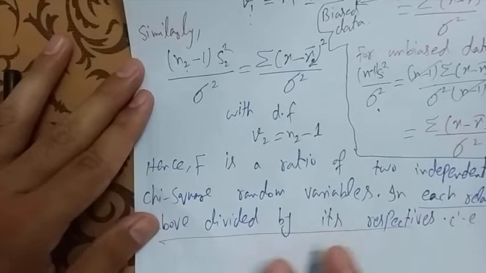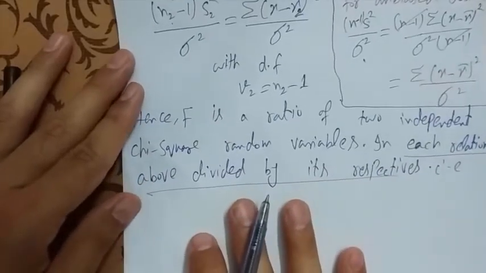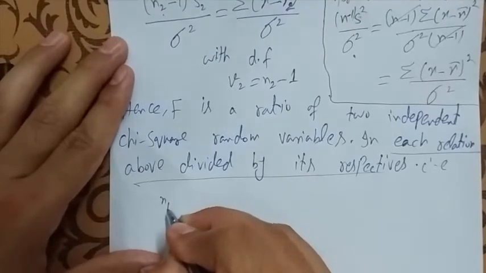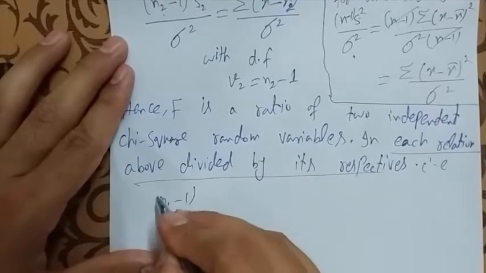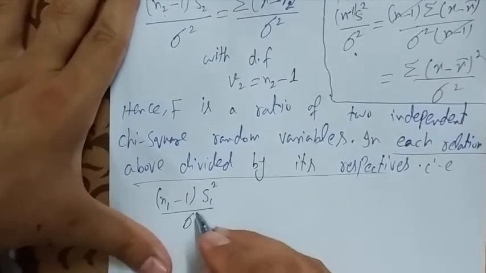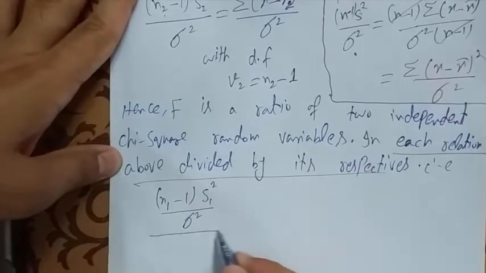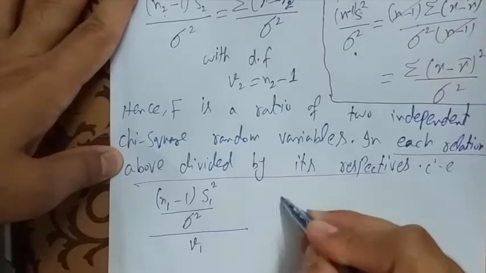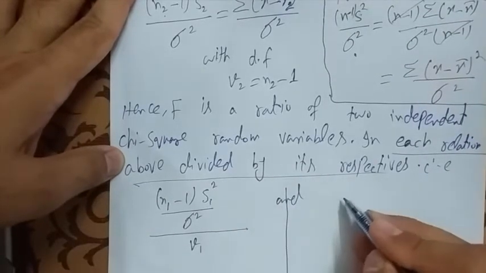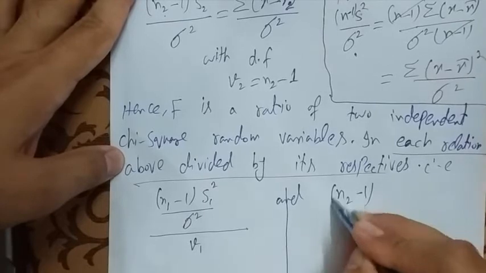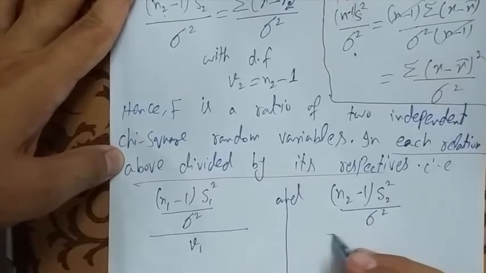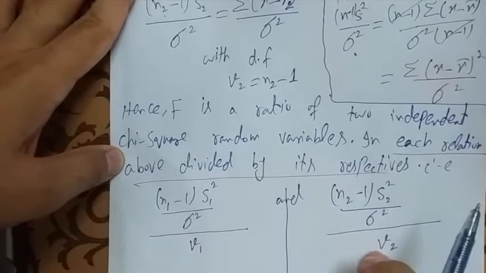That is, (n1 minus 1) s1 square over sigma square divided by nu 1, and (n2 minus 1) s2 square over sigma square divided by nu 2.